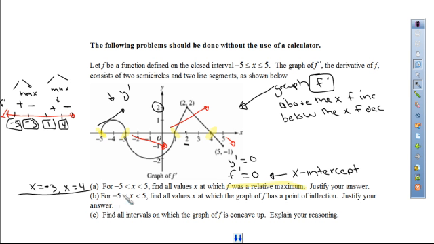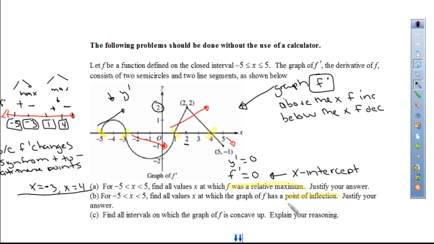Part B says for -5 to 5, find all values of x at which f has a point of inflection. It says justify your answer, and your justification would be the same thing, because the derivative changes sign from positive to negative at these points. So that would be my justification.